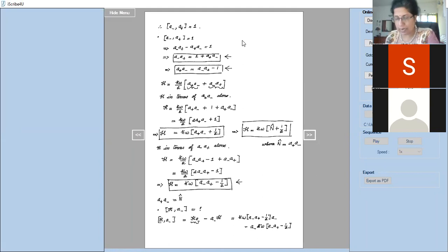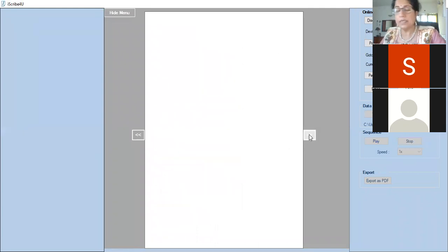Now unfortunately I'll have to change the page. Now let us see how we are going to do this commutator.